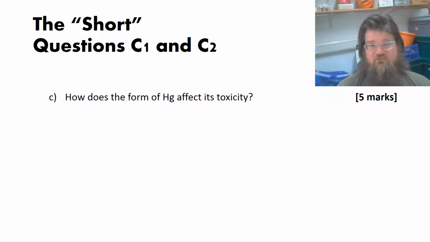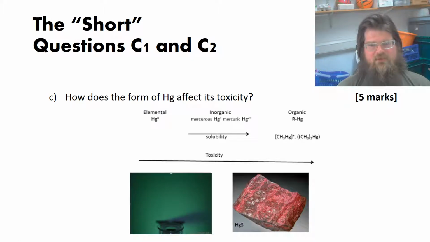And then we've already touched on this a little bit. How does the form of mercury affect its toxicity? So which is the most bioavailable and therefore damaging, but also once it's in you, which one does the most damage? Basically, we're looking at this trend in toxicity from elemental mercury to methyl and dimethyl mercury, which are the most toxic.